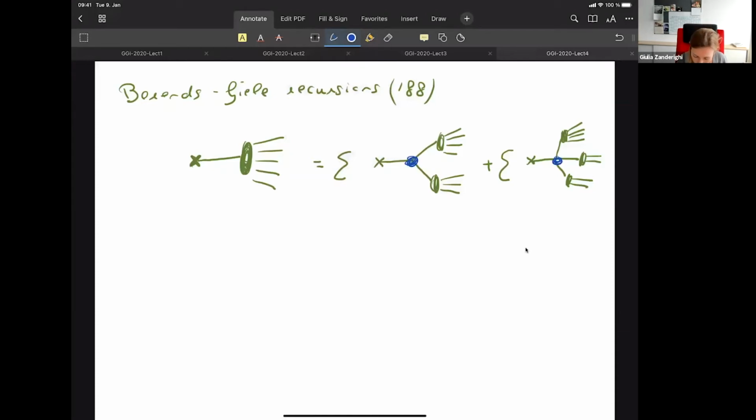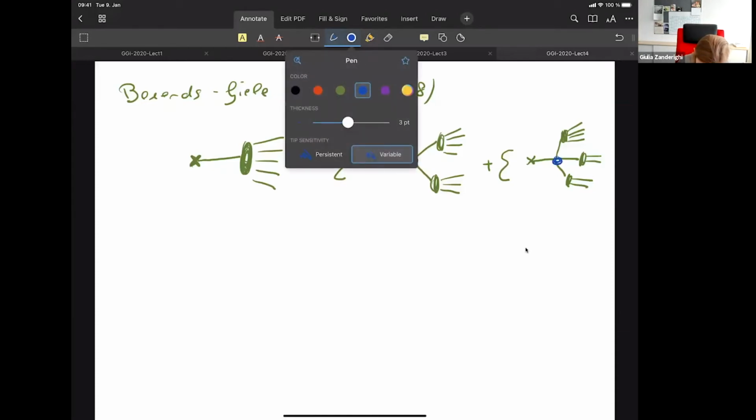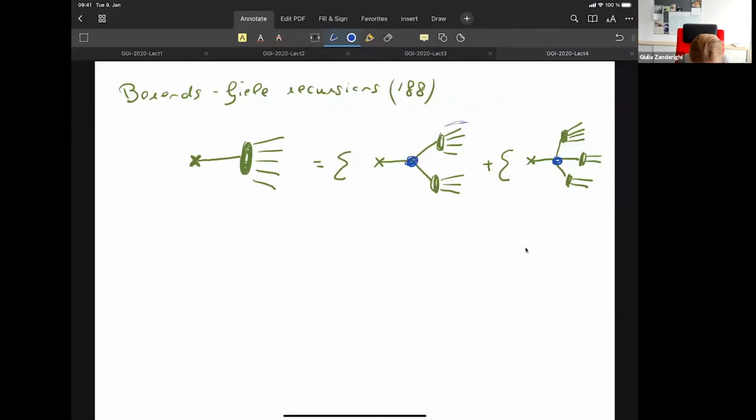Now, this relation is powerful because the same amplitude, for instance, you see even in this little drawing, this bit here is exactly the same as this one. So you compute these off-shell currents, you store them, and they enter as building blocks of more complicated amplitudes, but you compute them only once, and they re-enter over and over, right?